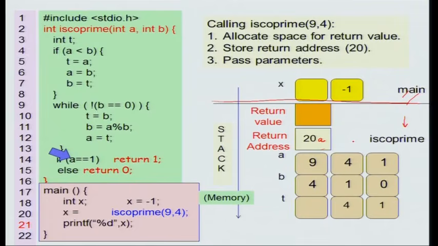If a is 1, we have to return 1. So the value 1 will be copied to the return value, and that is the value that will be passed back. So x will be 1. The return value will be copied back to the main function.